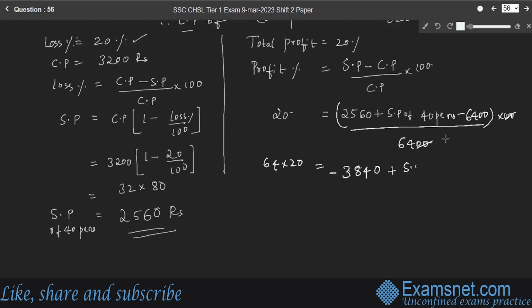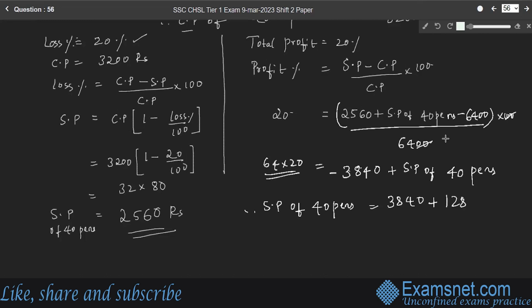Plus selling price of 40 pens. Here we need the selling price of 40 pens. 40 pens is equal to 3,840, right? Plus 64 into 20. So what is 64 into 20?